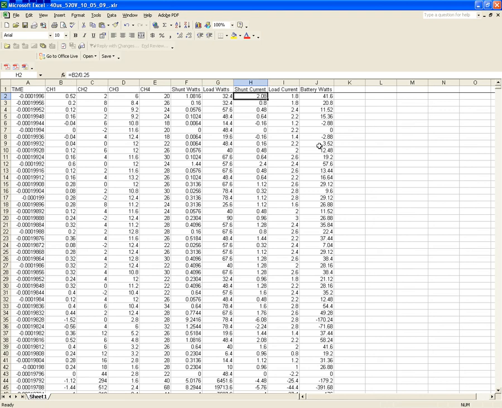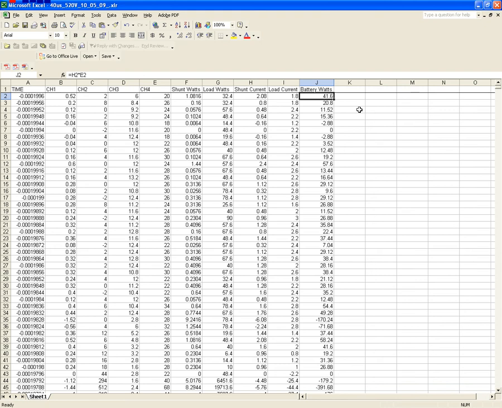I also include the shunt current, very easy, the voltage drop across the shunt. Load current, same principle as before. We determine the voltage across the load, divide that by 10. Our battery watts, very easy again. We know how much current is flowing into the battery because that's what's going through the shunt resistor.